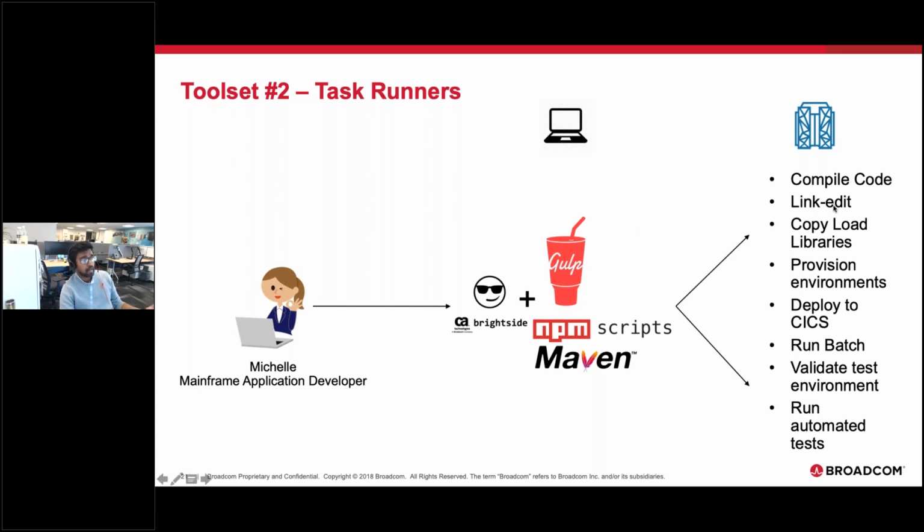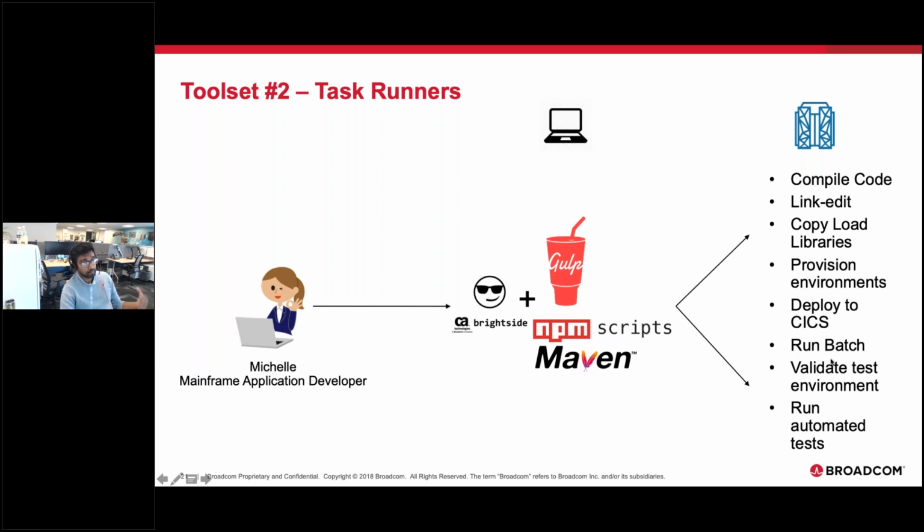So, common actions that you might do on the mainframe, you might want to compile your code or link edit your code. You might want to copy the results, so the load libraries, from one location to another. Maybe you want to provision test environments. Maybe you want to deploy to a test CICS environment, or maybe you worked on a batch program and you just want to run that batch program very quickly as you're making code changes.